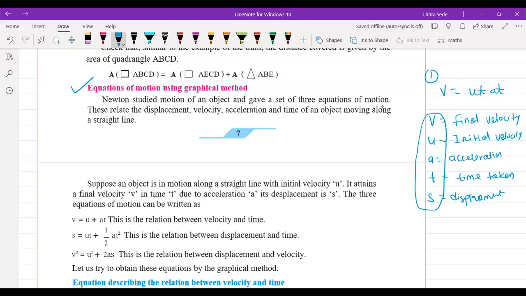Understood? So now we will learn how to derive this equation. We are going to derive the first equation of motion.